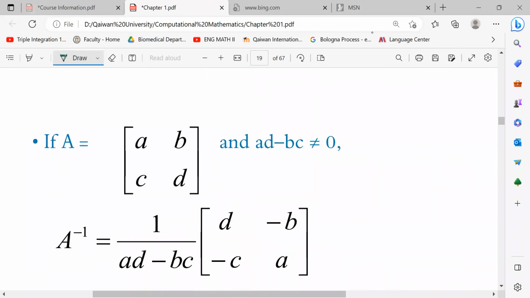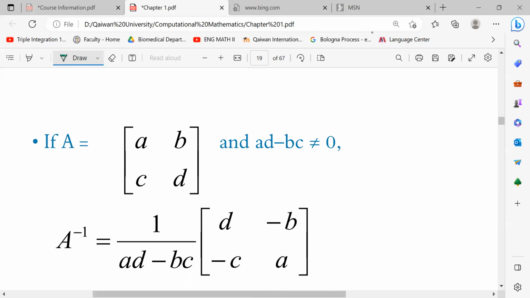Here, for finding the inverse of a matrix, as I said before, we just work on 2 by 2 and 3 by 3 matrices. For finding the inverse of a 2 by 2 matrix, we need to have the determinant. We say the inverse of a matrix could be found if the determinant of the matrix is not 0. If the determinant of a matrix is 0, we say the inverse doesn't exist.